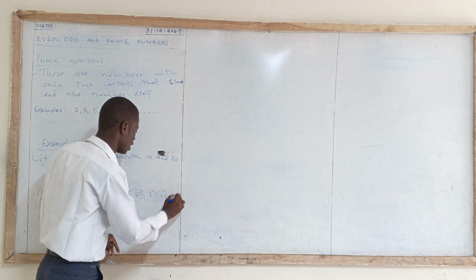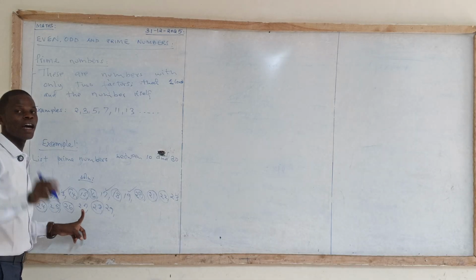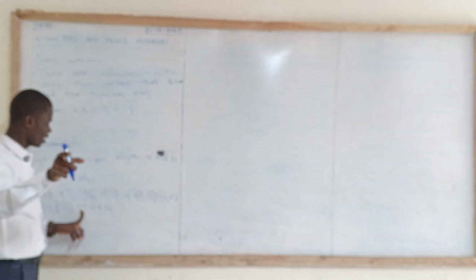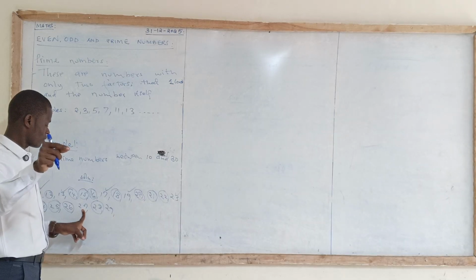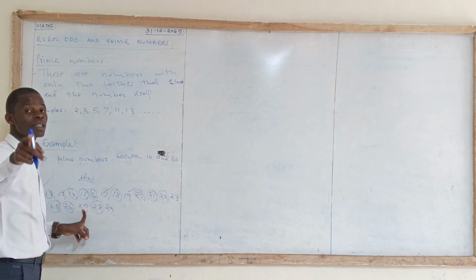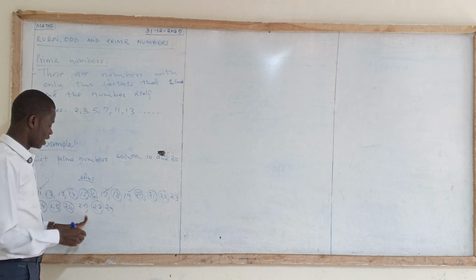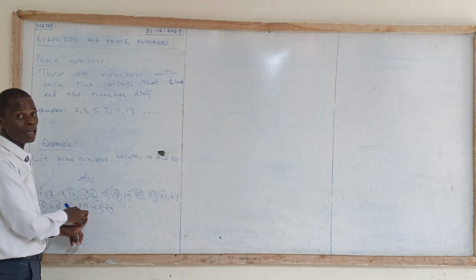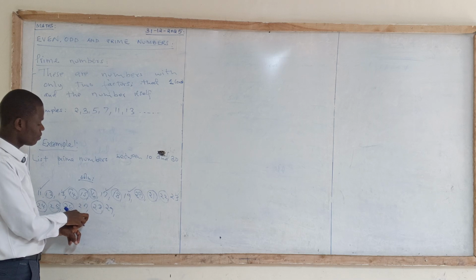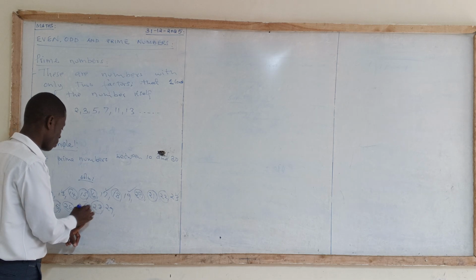So this one is a prime number. Come here to 27. Along the same table 3, 3 times 7 we said 21, 3 times 8 is now 24, and 3 times 9, 27. So this is not a prime number. 3 can divide it, 9 can divide it, 1 can divide it, 27 can divide it.